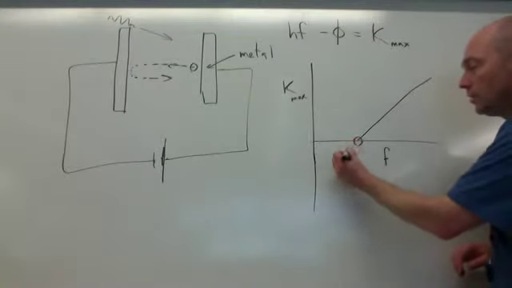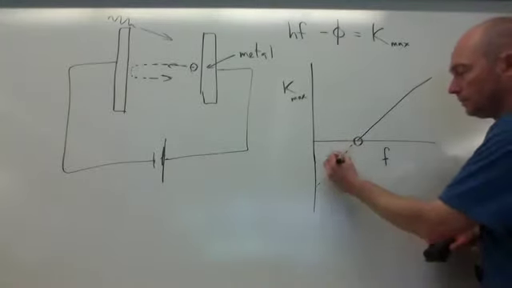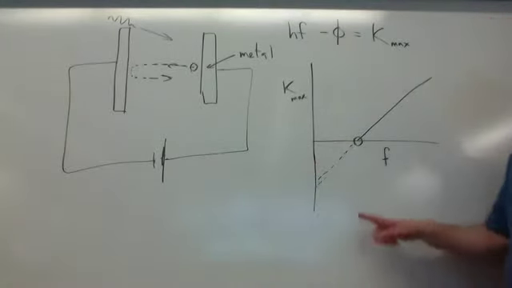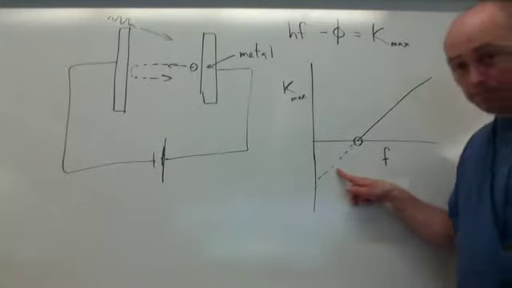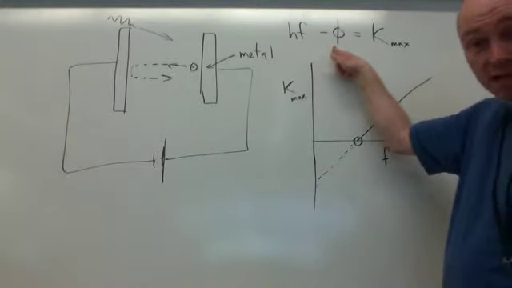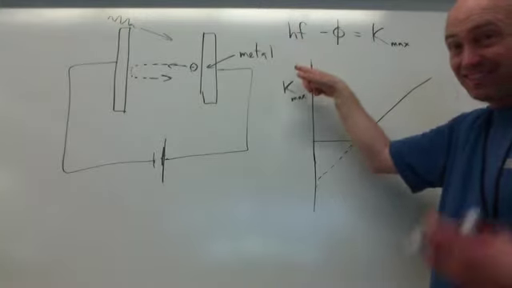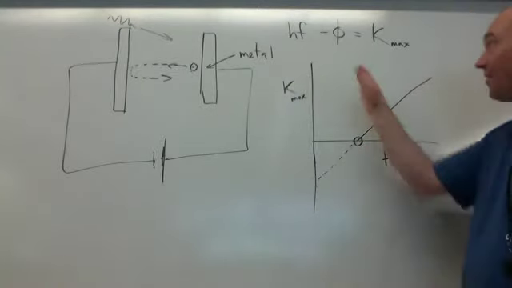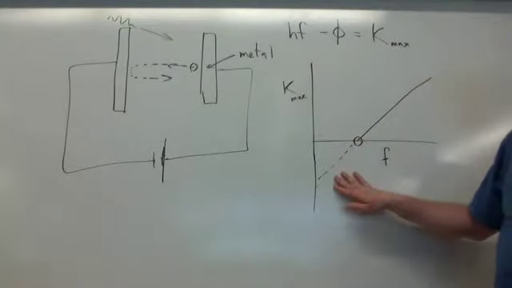A lot of times you'll see this line is dotted. That's supposed to be a straight line. The reason it's dotted is you can't have something with a negative kinetic energy. If I have a photon that doesn't have enough energy to overcome this, it just gets absorbed, and the electron doesn't get knocked off, which is why it's down here.